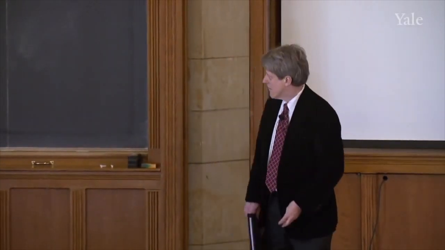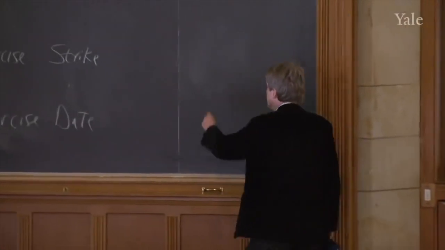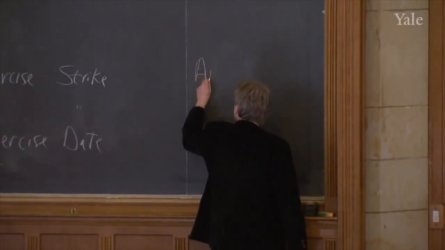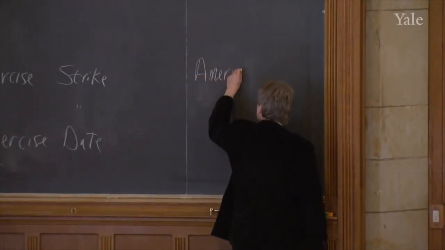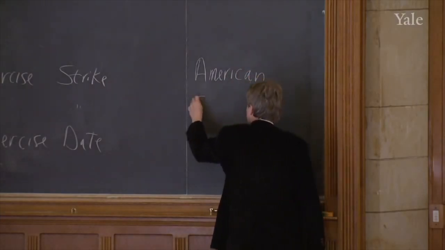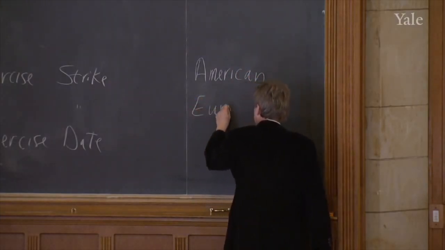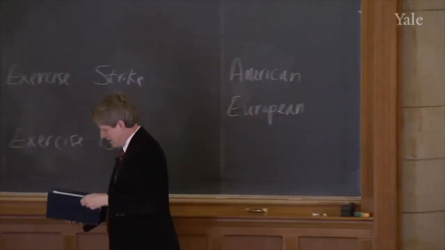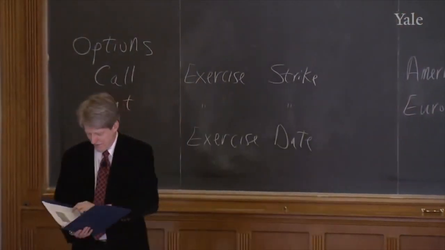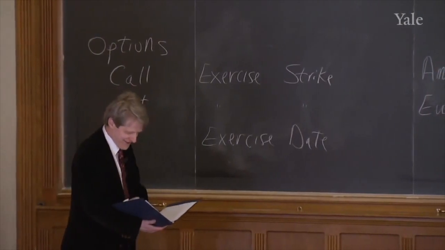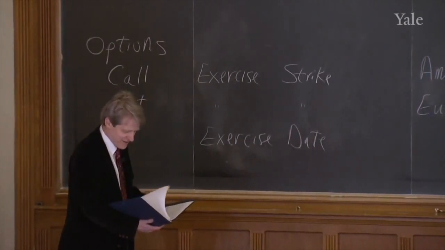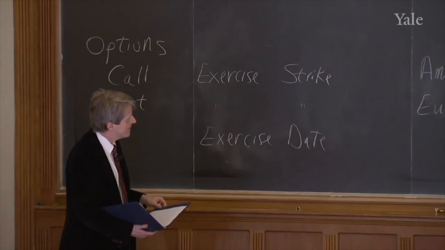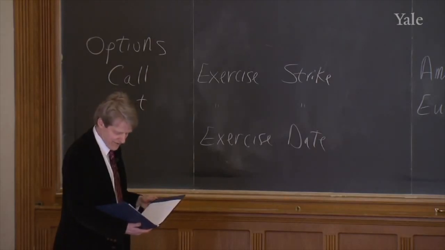Now, in modern terminology, we have two kinds, American and European. It doesn't refer to geography, those two terms. The terms refer instead to when you can exercise.